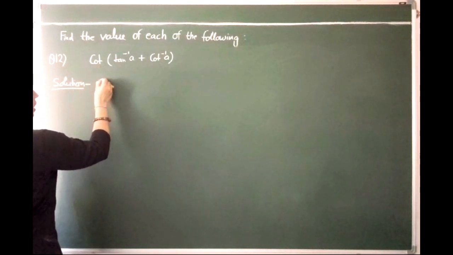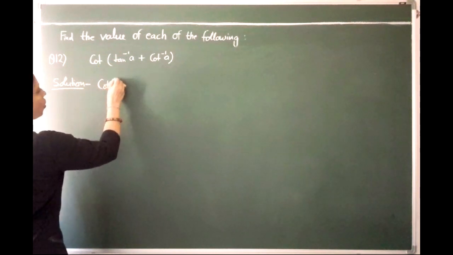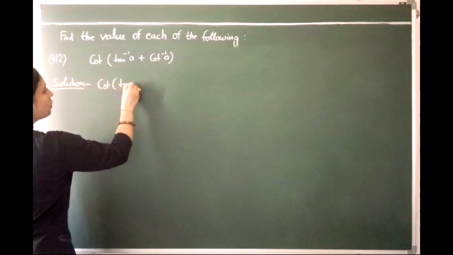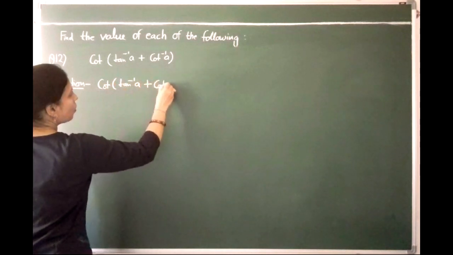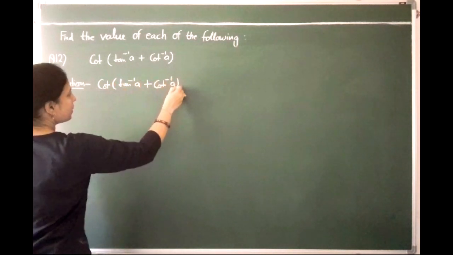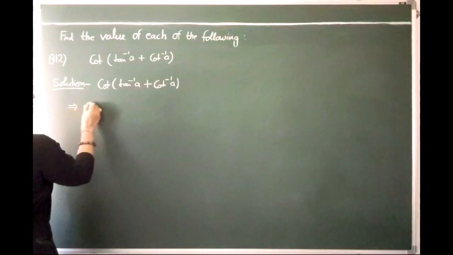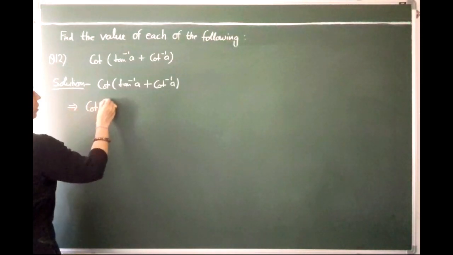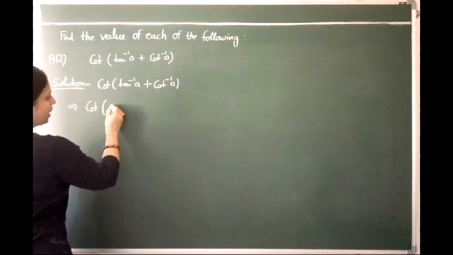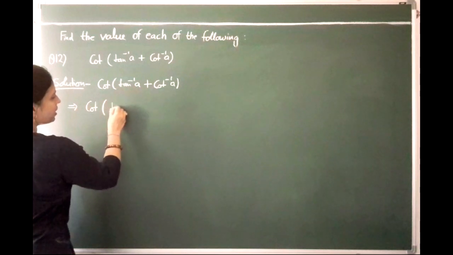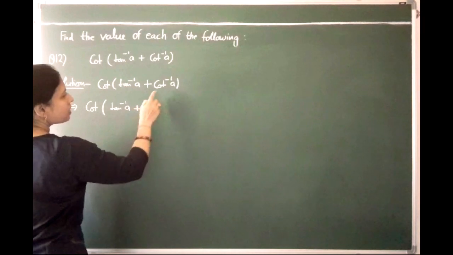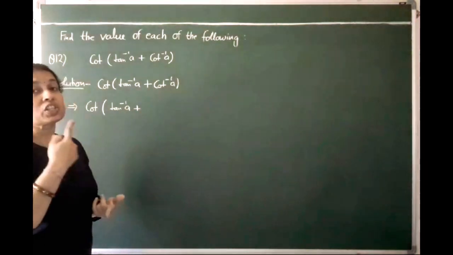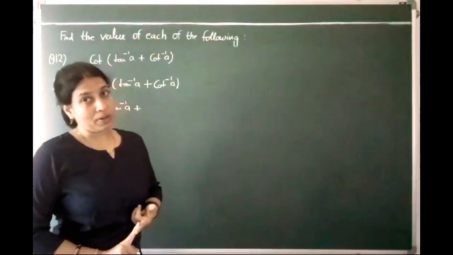First write this as it is, cot of tan inverse A plus cot inverse A. Now write cot, write this tan inverse A as it is. Tan inverse A plus cot inverse A is equal to pi by 2.